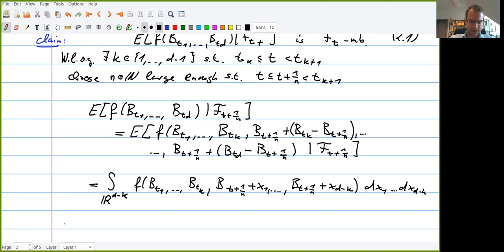Oh, I forgot my density function, right? I know that these are random, so it has to be multiplied with, of course, the density function.